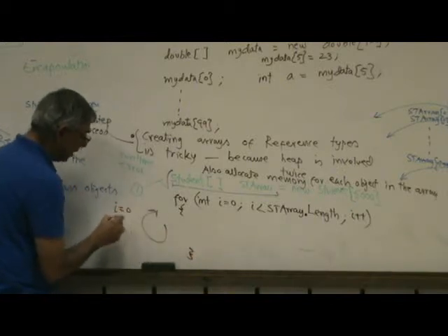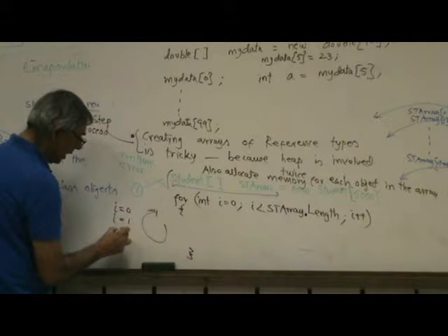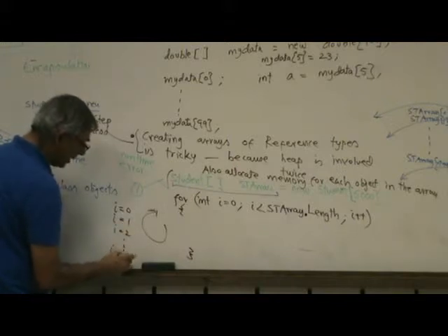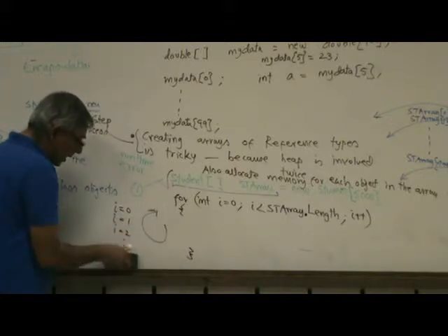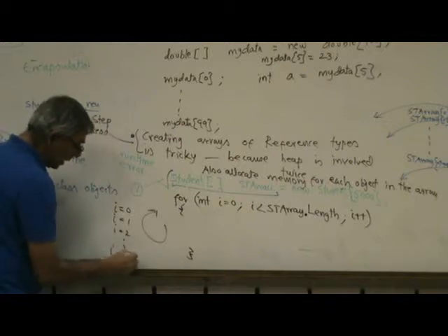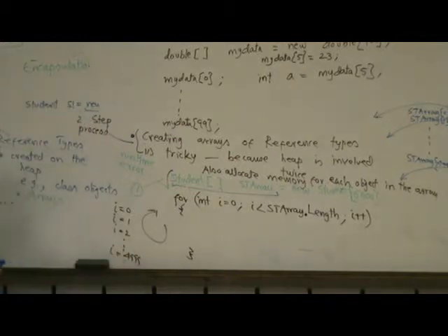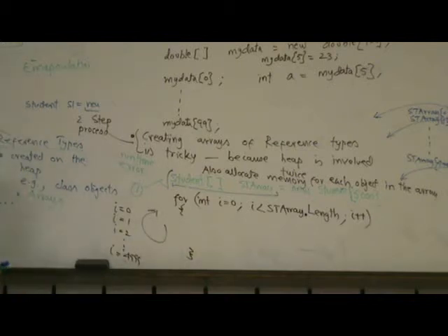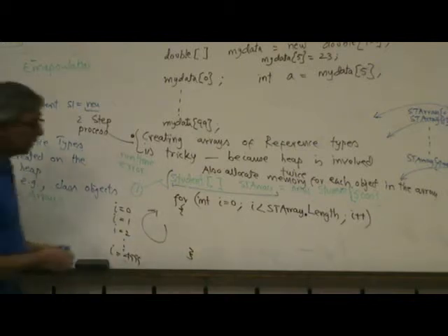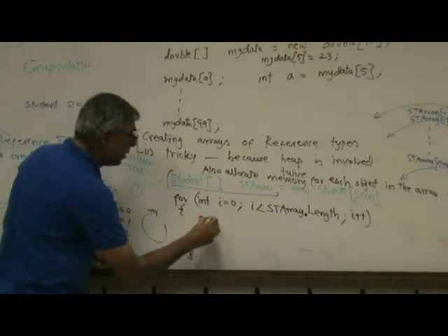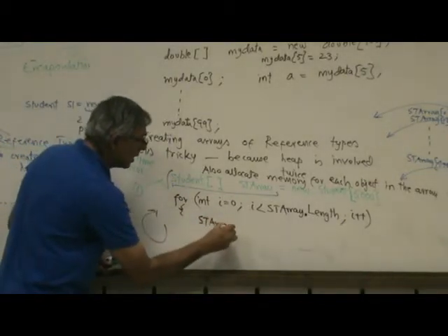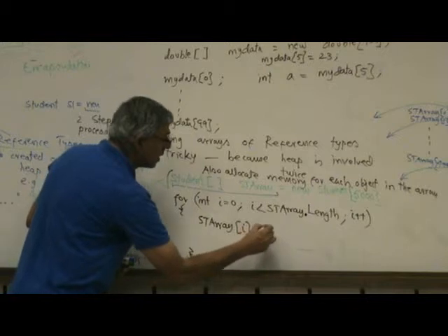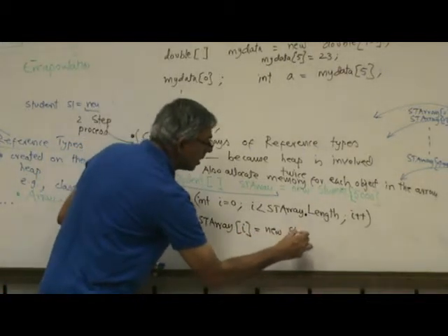First time i will be 0, then i will be 1, then i will be 2. Very last time i will be 4,999. And then it will get out of this loop. So now we have to allocate memory for each student. How will we do that? All we have to do is strArray of i equal to new student.